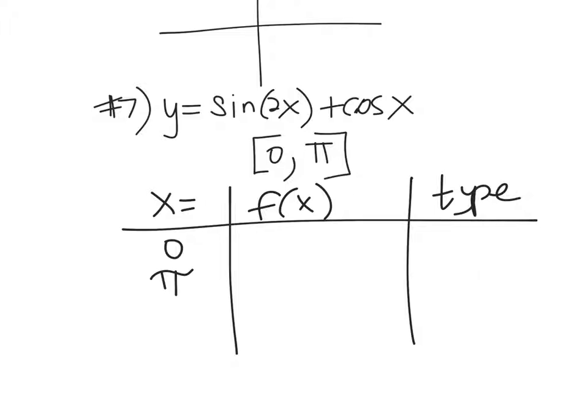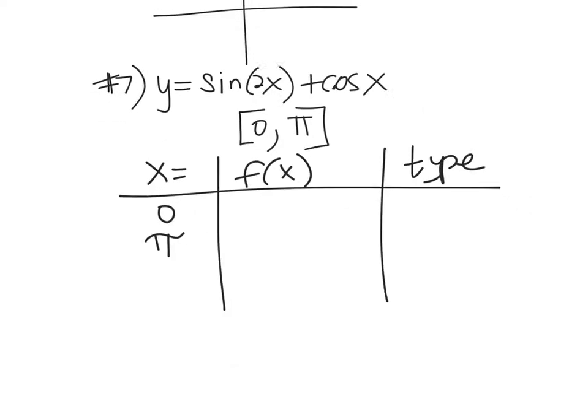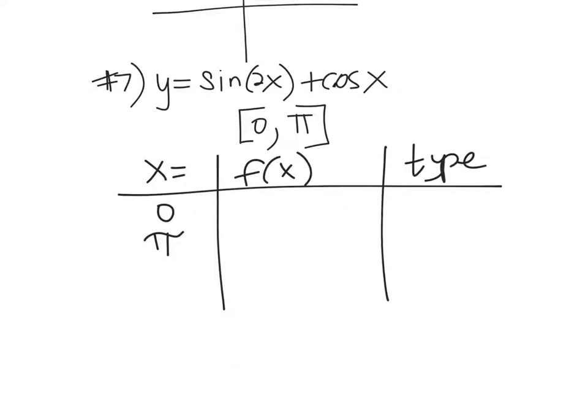I want you to go to your calculator, if you have it, and go ahead and graph that, sine of 2x plus cosine x. And when you graph it, make sure you're in radian mode, and then what I did is I hit zoom trig. Now I'm going to restrict my window from 0 to pi so that I can see it better. So there it is.